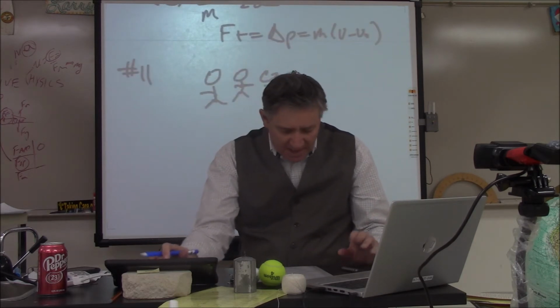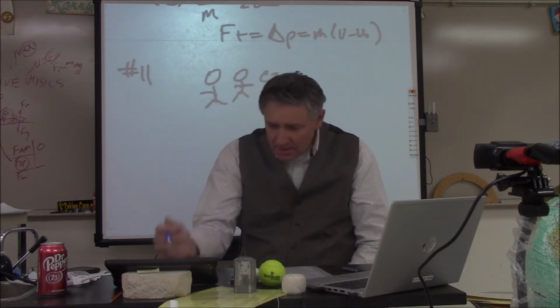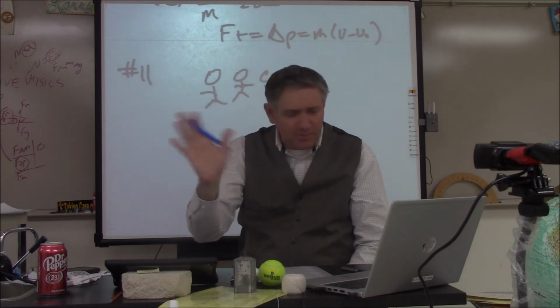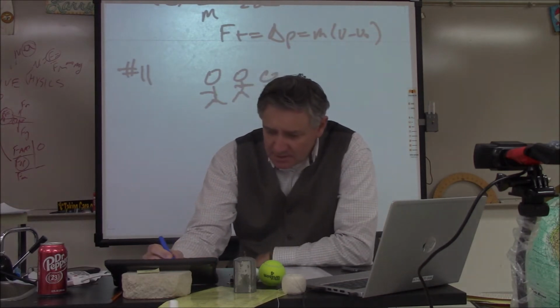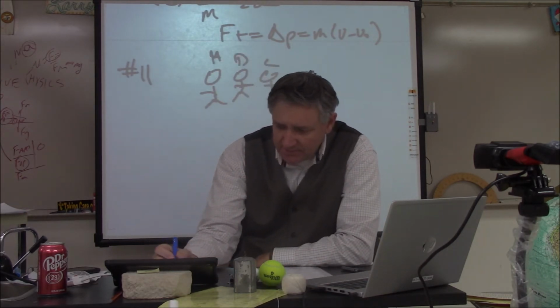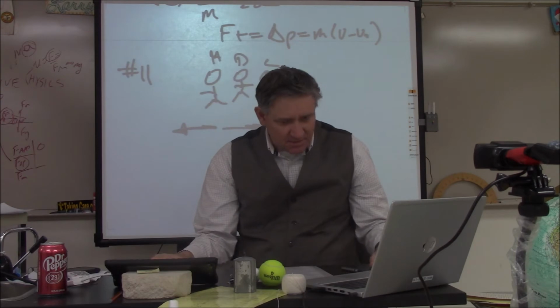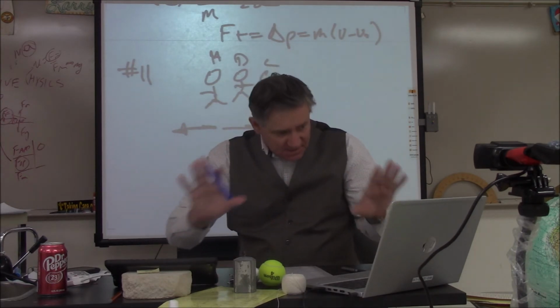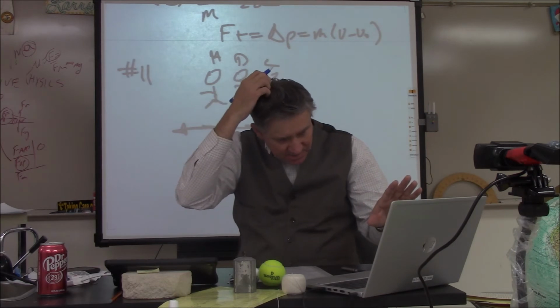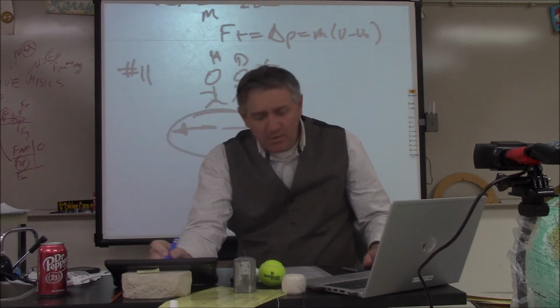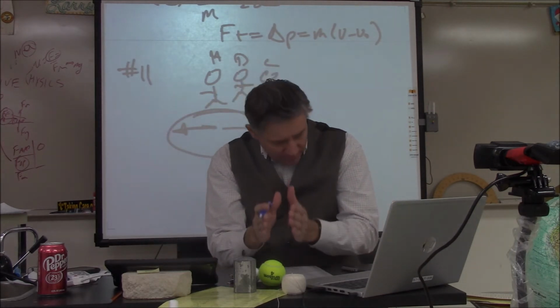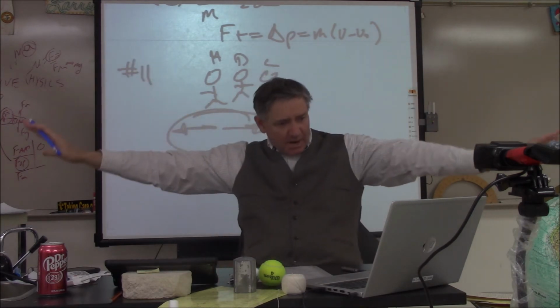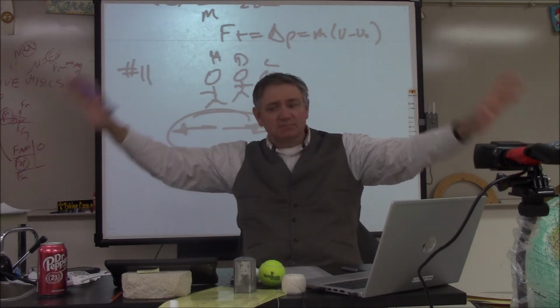Everything still has to add up to equal 0. So here's what you've got. I think Huey pushes Dewey if I remember right. So here's Huey, Dewey, Louie. Here's going to be this first interaction, okay? They're going to push off of each other. Because the momentum still has to add up to 0, the only way that works is if those two values have equal and opposite signs, okay?